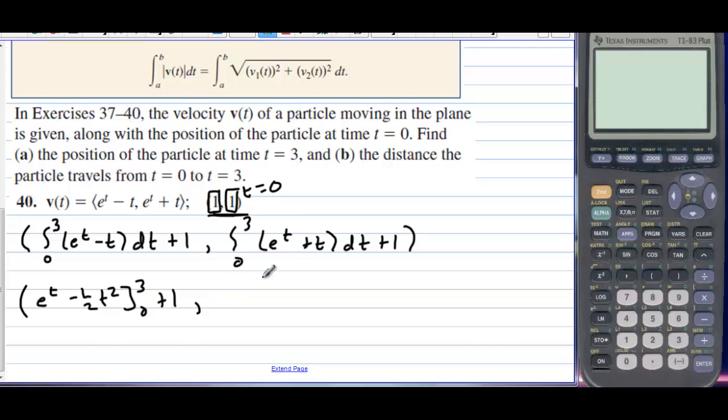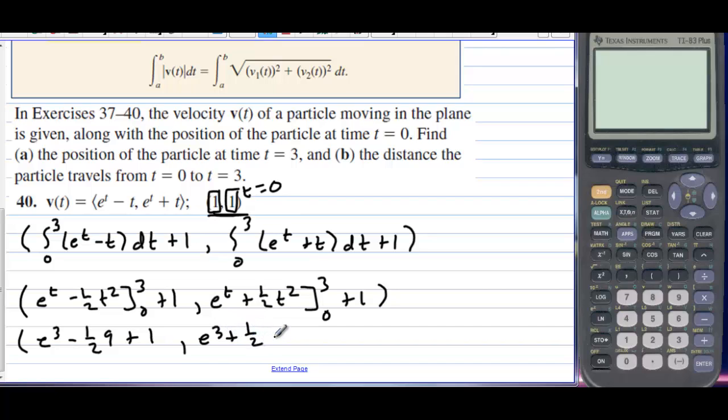The integral of e to the t plus t is e to the t plus 1/2 t squared, and we will evaluate that from 0 to 3 and add 1 to this one also. We have e to the third minus 1/2 times 9, plus 1. And we'll have e to the third plus 1/2 times 9, plus 1 also.